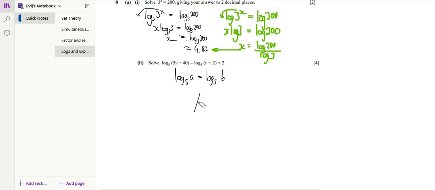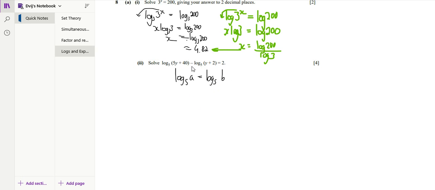Excuse me, that was not meant to happen. Yeah, so we can just go ahead and ignore the logs and just focus on the a and b. So we want to make the equation something like this. So we've got two logs on the left hand side and no logs on the right hand side. So we want to get rid of one log here and add a log here.